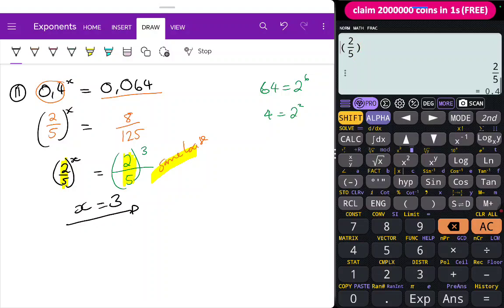And I'm going to exponent this to 3. That gives me 8 over 125. So x is equal to 3.